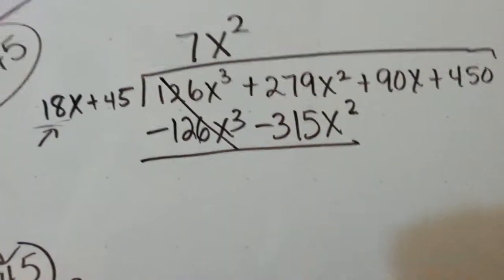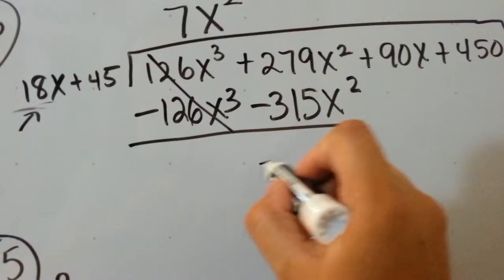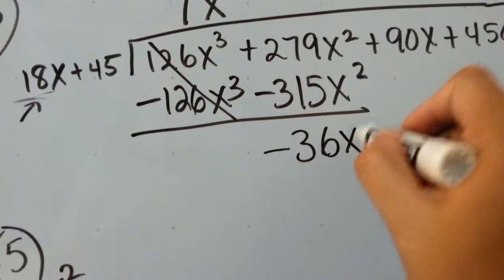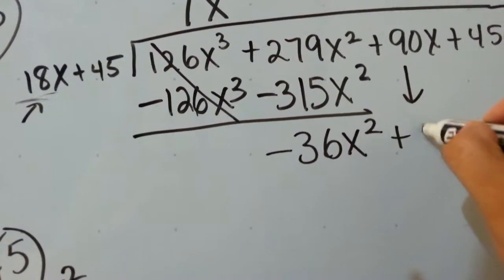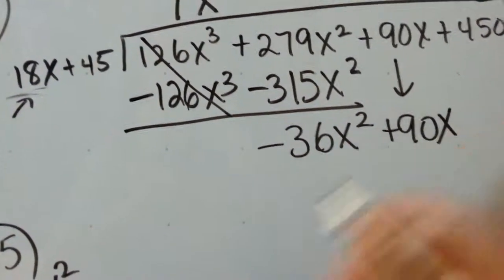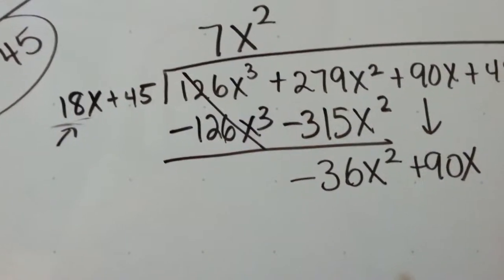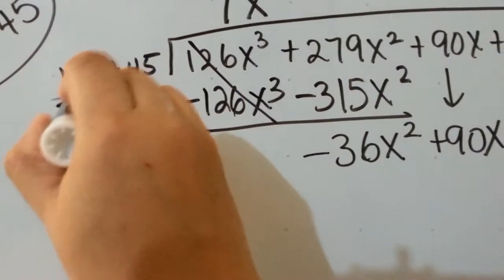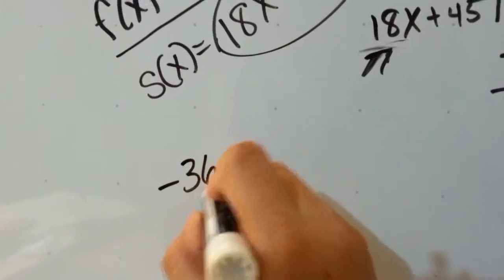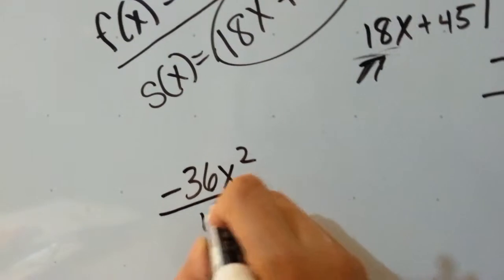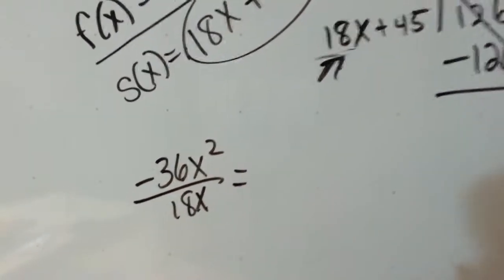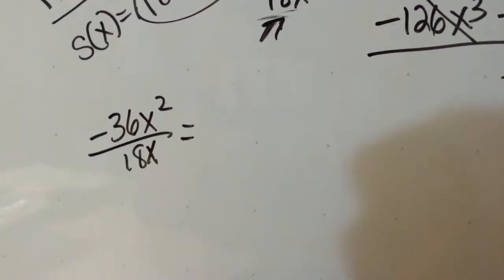Right. So we combine and we get negative 36x squared, and we bring down the 90x. So now we need 18x and negative 36x squared. What number do we need?